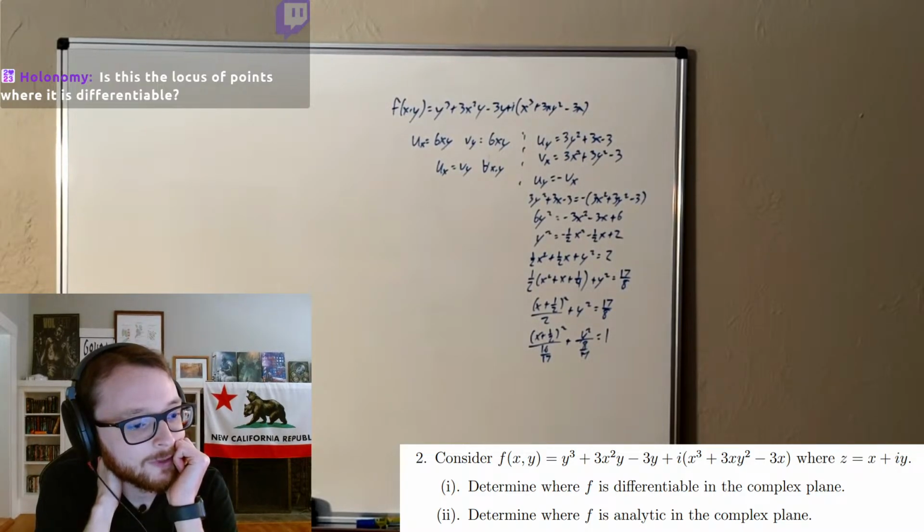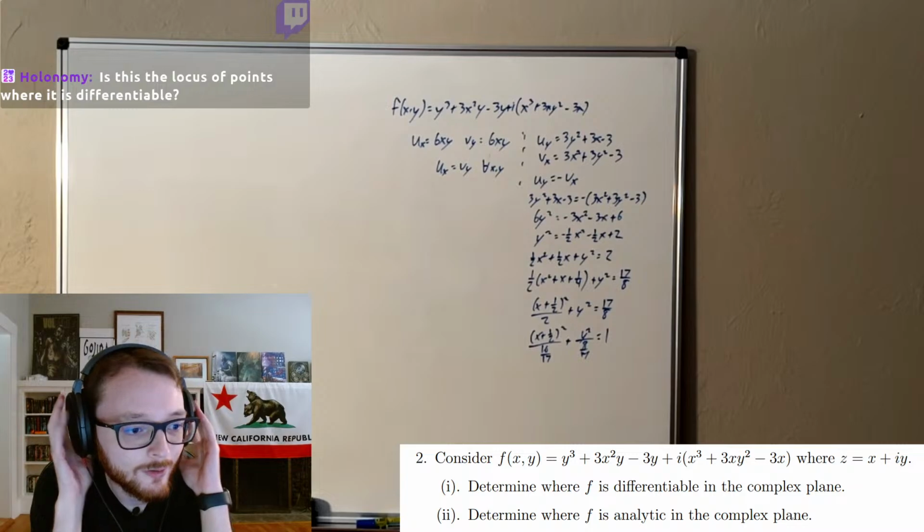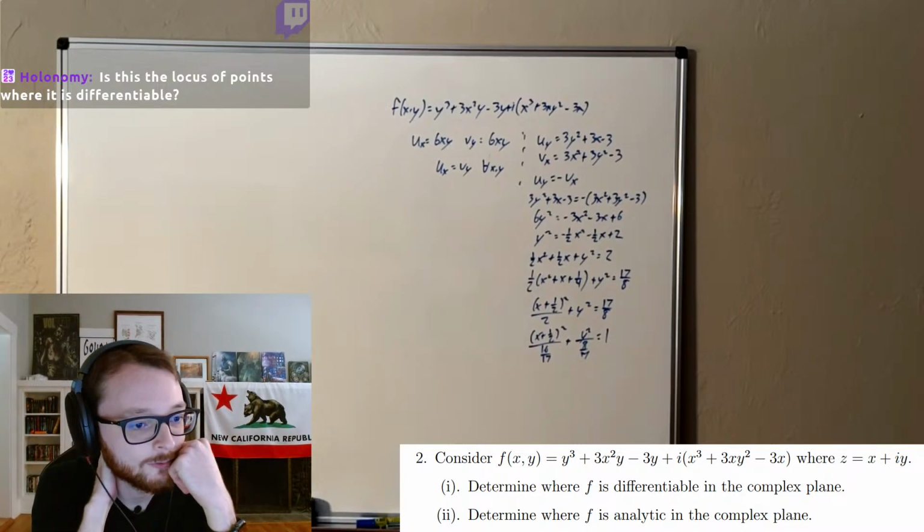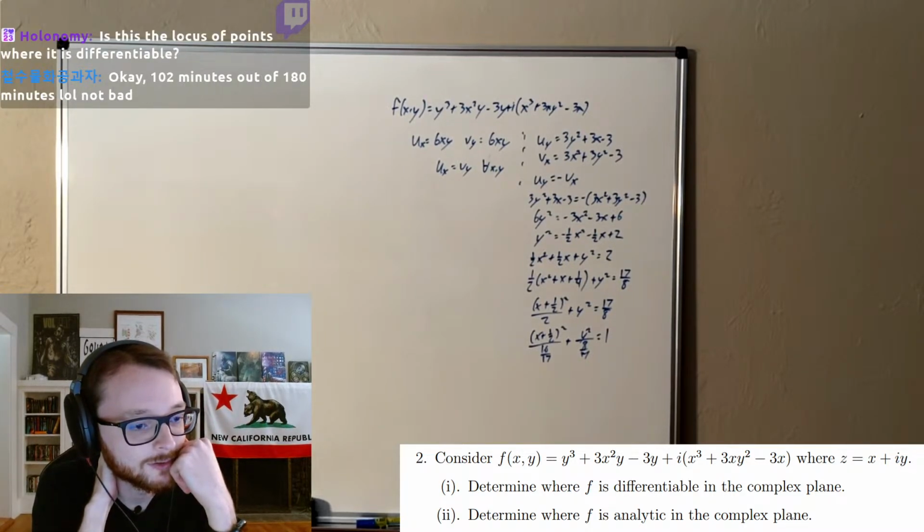And you gave an example, f of z equals the magnitude of z squared is only complex differentiable at the origin. Oh. 102 minutes out of 180 minutes, not bad.